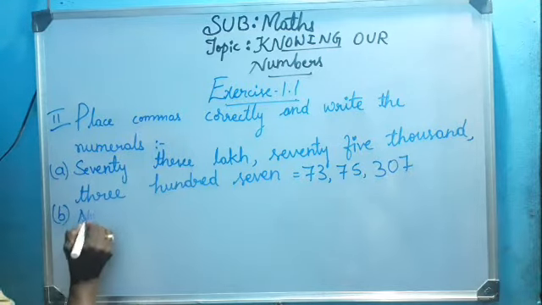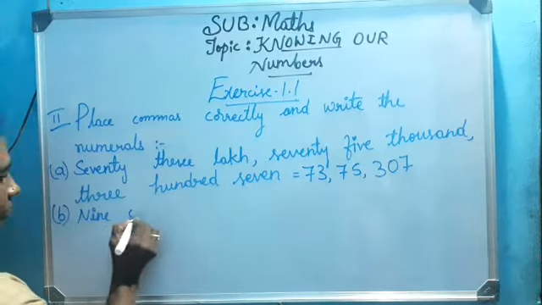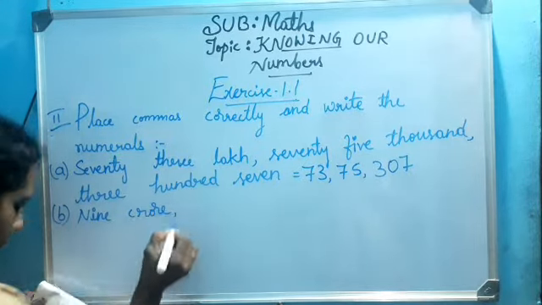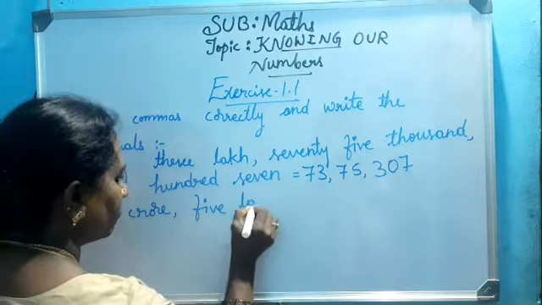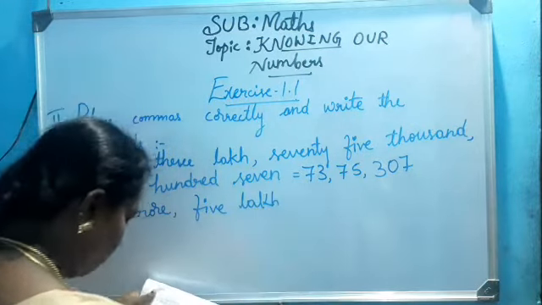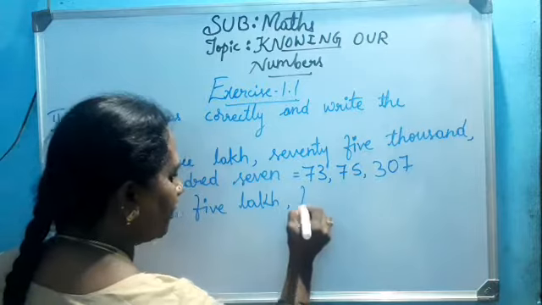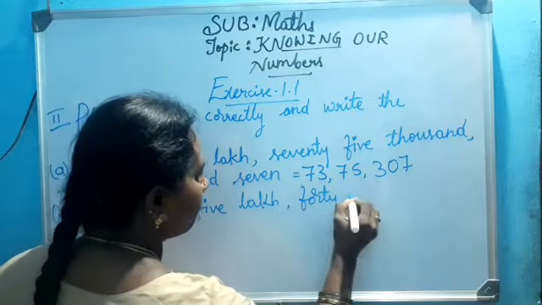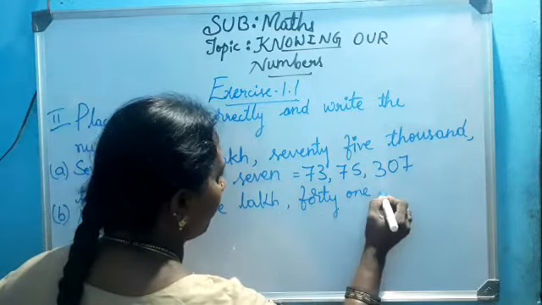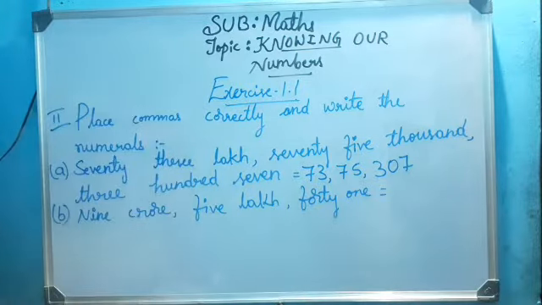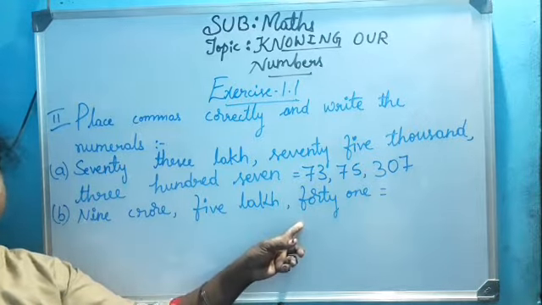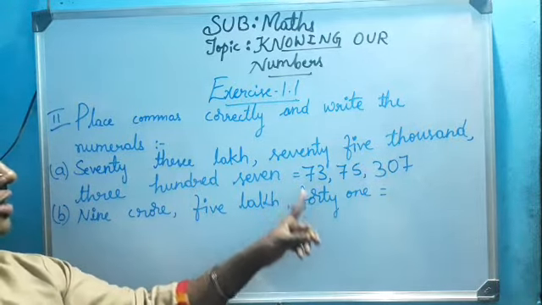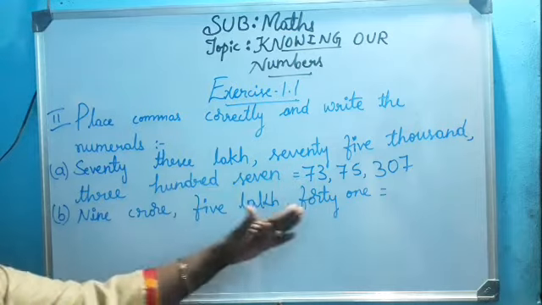The next question: 9 crore, 5 lakh, 41. Observe it. Here after crore and lakh there is no number in the 10,000 place, the 1,000 place, or the 100 place.